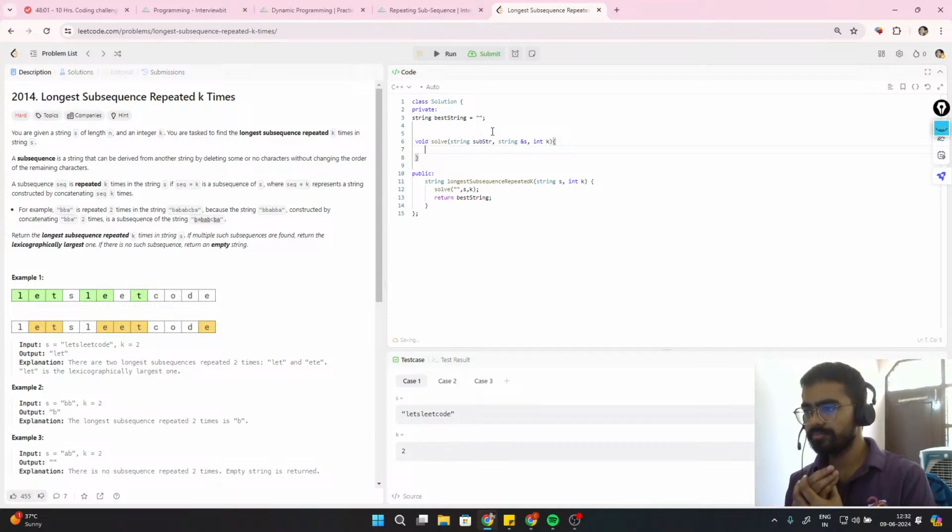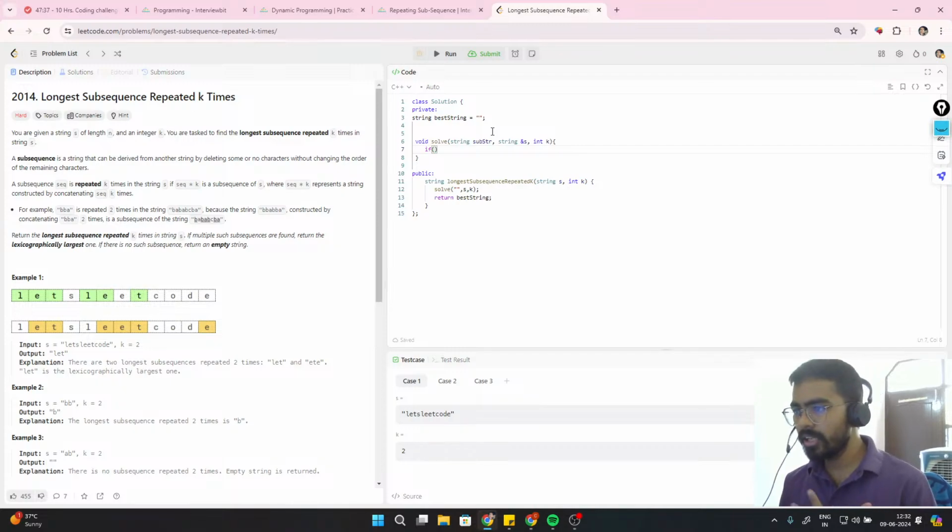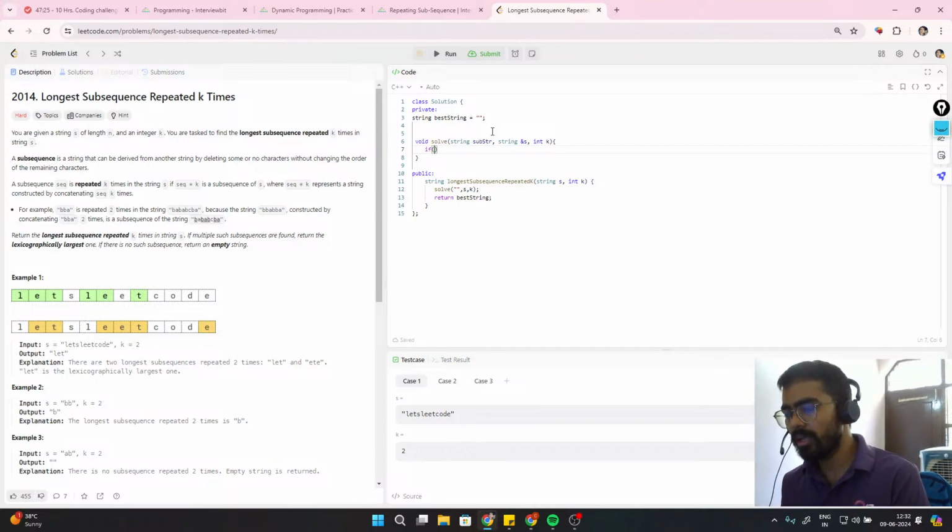Now what I need to do currently is check whether this substring is present in s, and if it is present, how many times it is present. And if it is greater than or equal to k, then we can move further and add one more character to this substring. If it is lesser than k, then adding one more character to it won't have any effect.